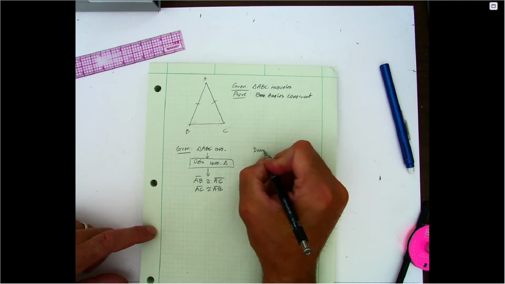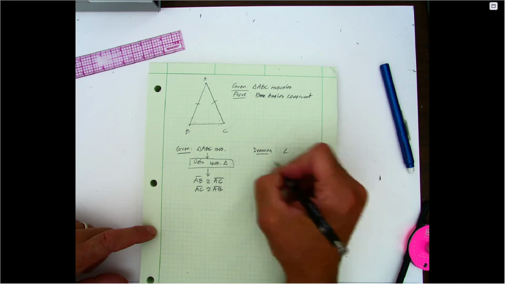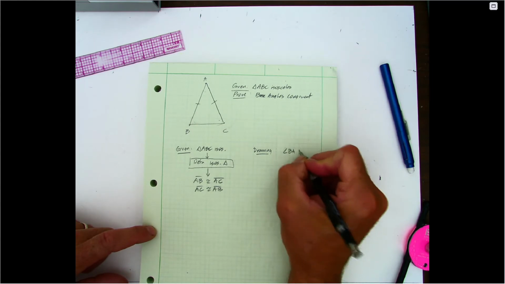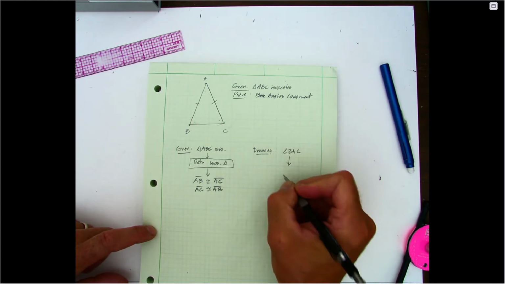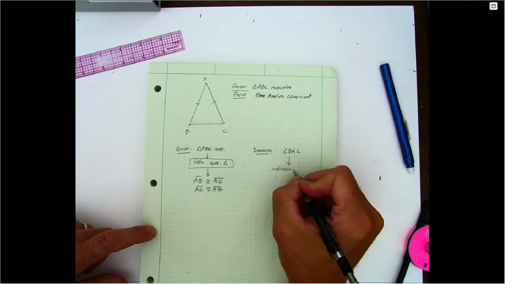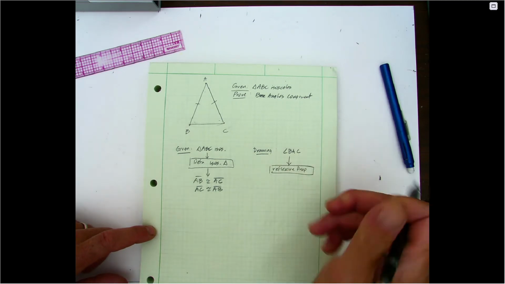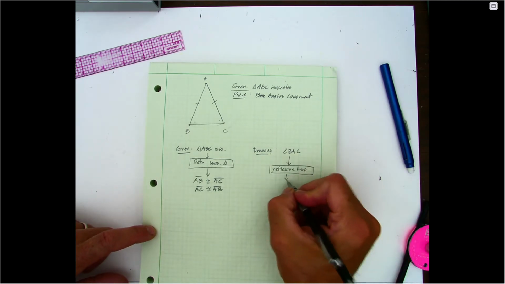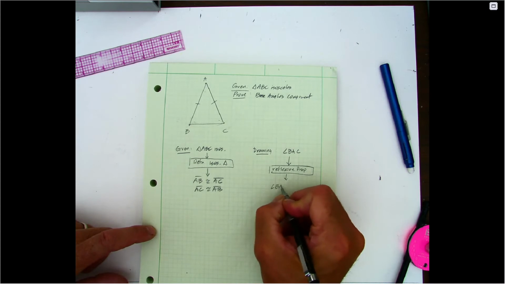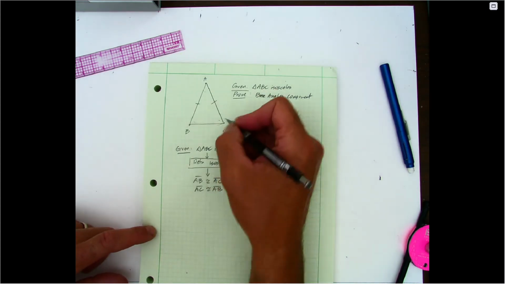In the drawing, we have angle BAC. But if we apply the reflexive property here, which again is a piece of prior knowledge, we can say that angle BAC is congruent to angle, let's do it the other way, CAB.